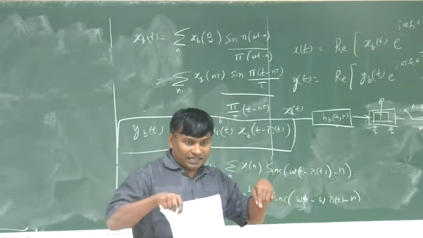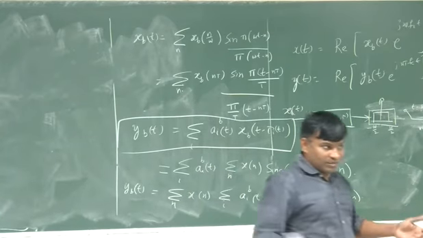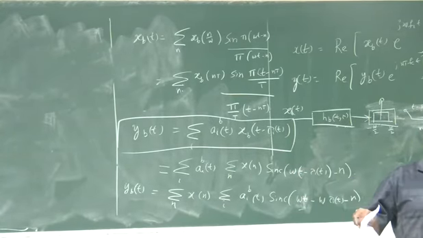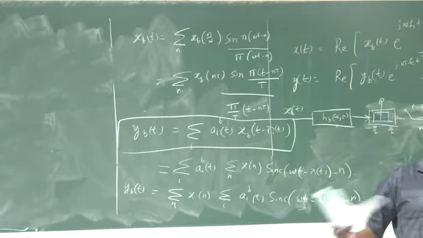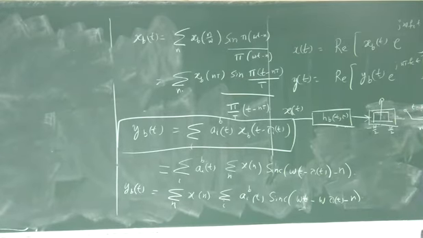So multiplying with a channel, with a non-zero channel outside the boundary of minus W by 2 to plus W by 2. Right?